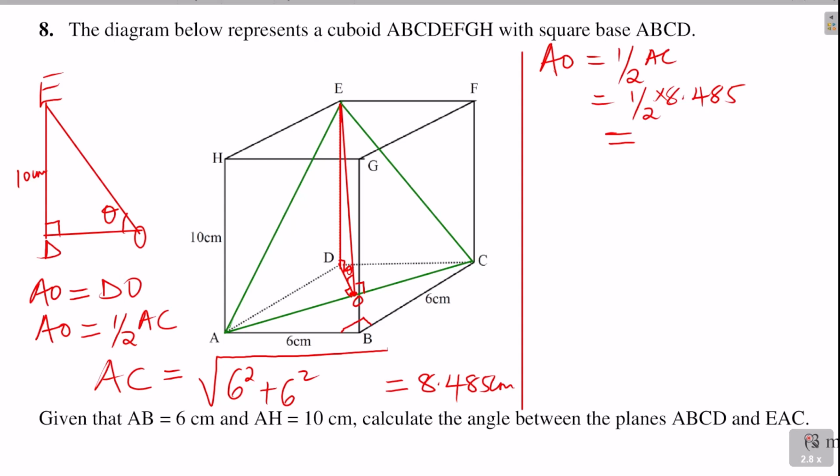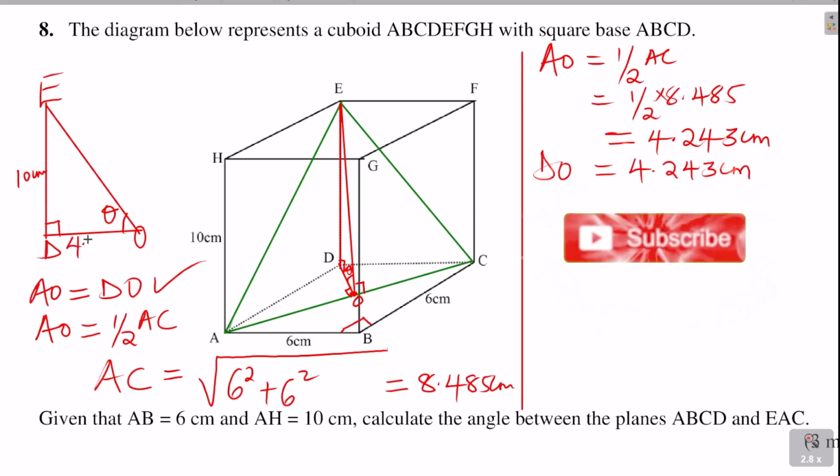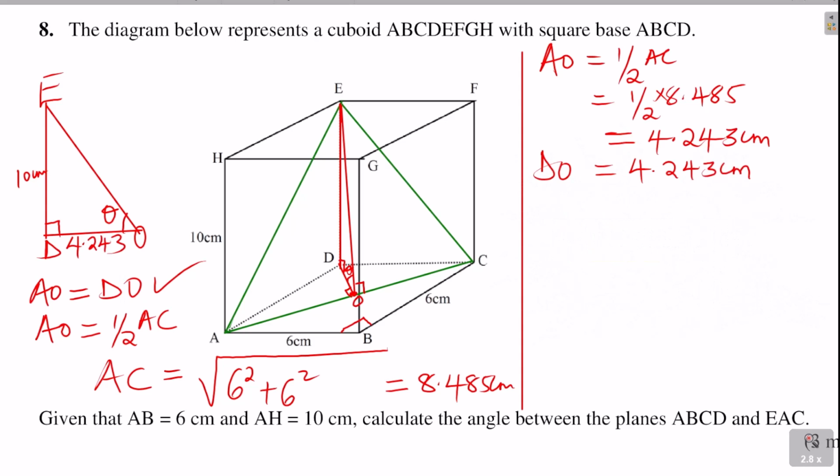We just need to get half of that, so we divide 8.485 by 2, and we get 4.243 centimeters. So AO is that, and remember we said that AO is equal to DO, so DO also will be given by 4.243 centimeters. Now the triangle is complete.